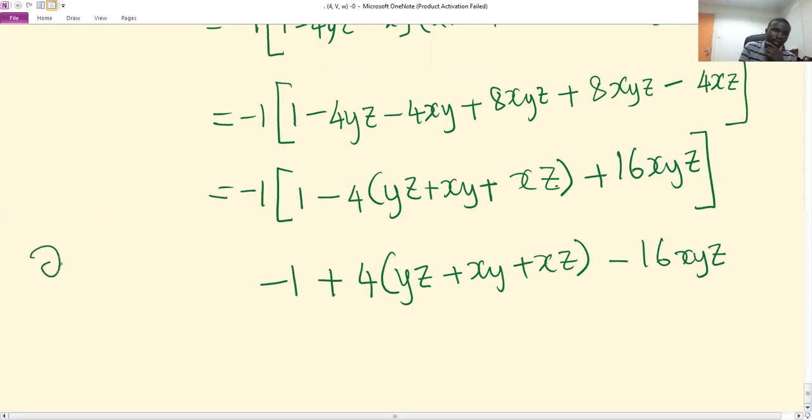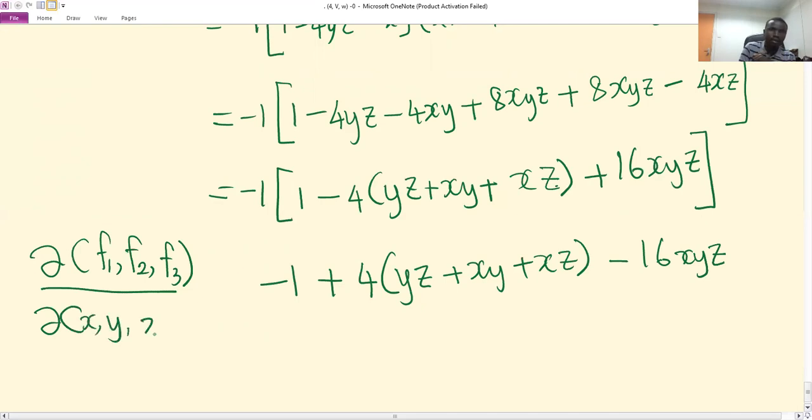So this is the Jacobian of F1, F2, F3 with respect to the variables x, y, and z.